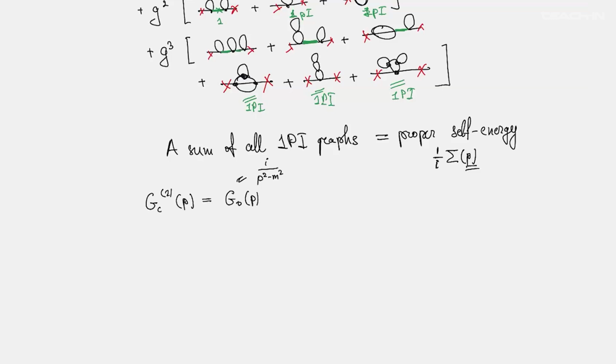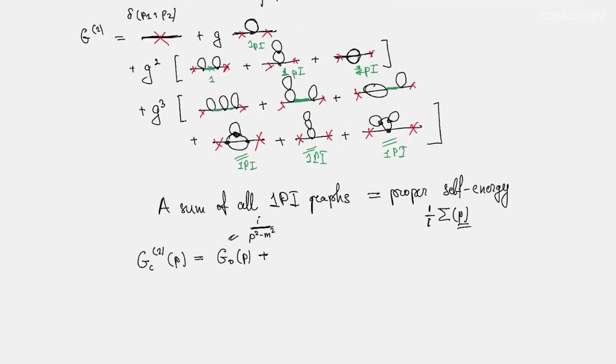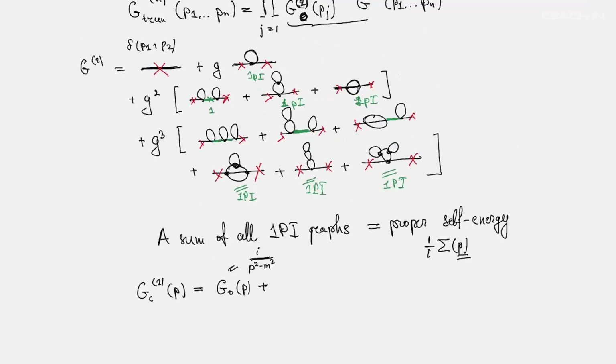I can have one propagator G0 of P, self-energy divided by i, and then G0 of P. So this contribution would correspond, for instance, to this graph here.